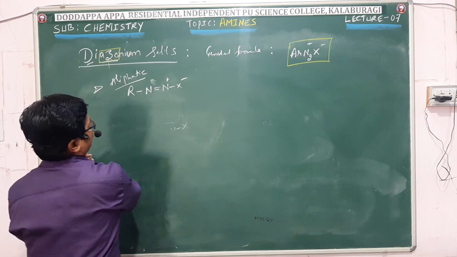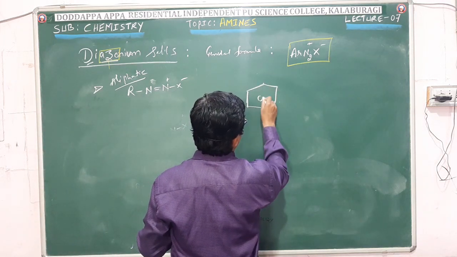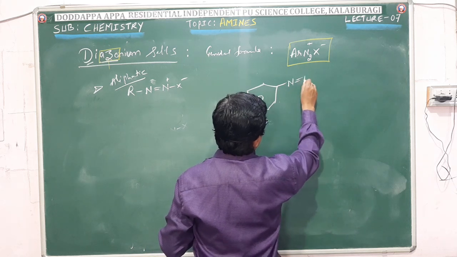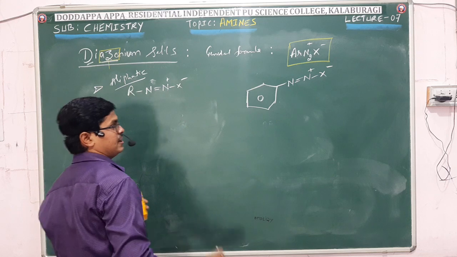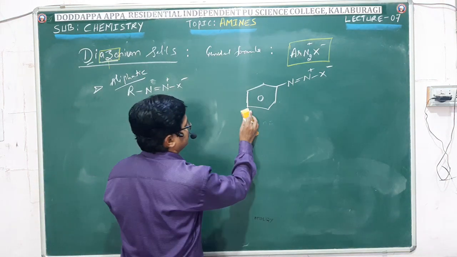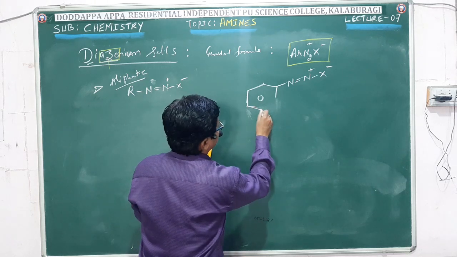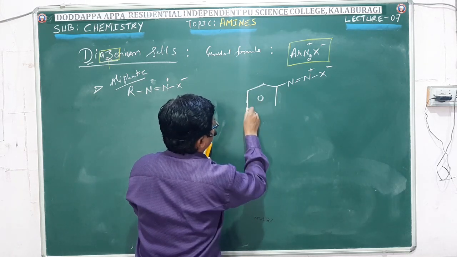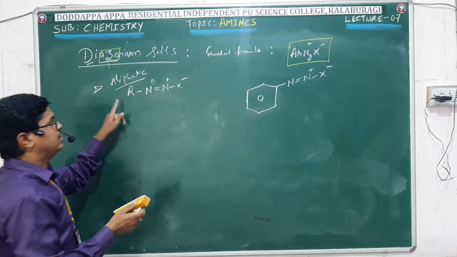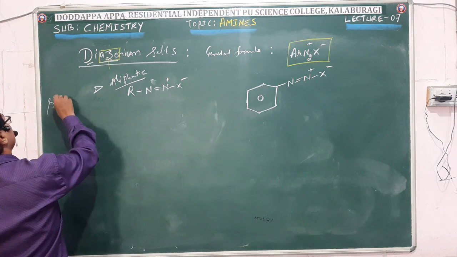Among aliphatic and aromatic diazonium salt, which is more basic in nature? Which is more basic means, which is more stable? I am talking about stability here, not about the basic property. Among aliphatic diazonium salt and aromatic diazonium salt, which is more stable?